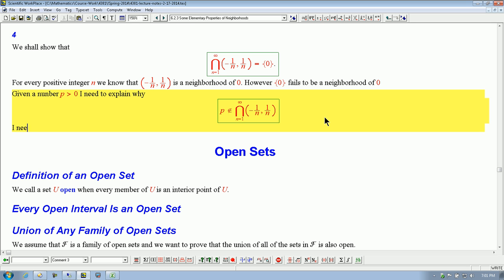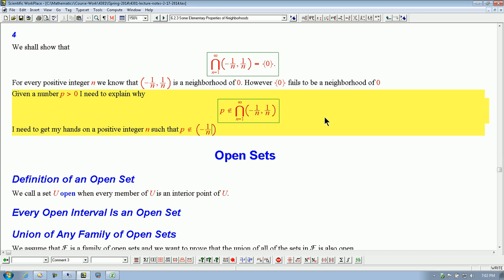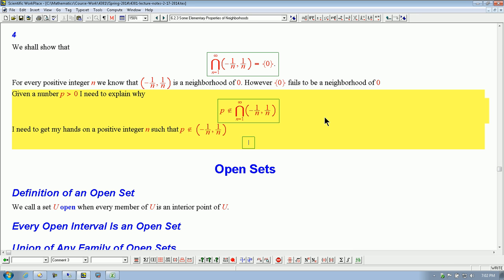I need to get my hands on a value of n, a positive integer, such that p is not in the interval from -1 over n to 1 over n. That p fails to belong to all of them, meaning what? There is at least one of them to which p doesn't belong. Do you understand? I'm going to draw you a picture.